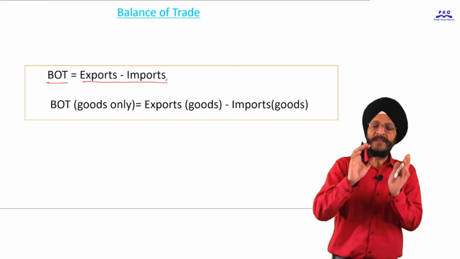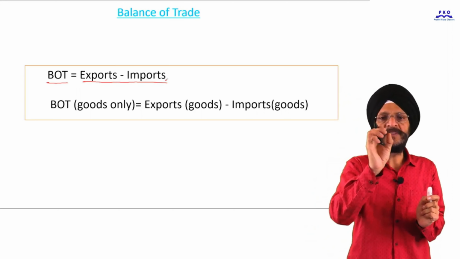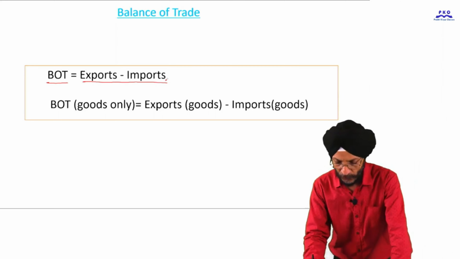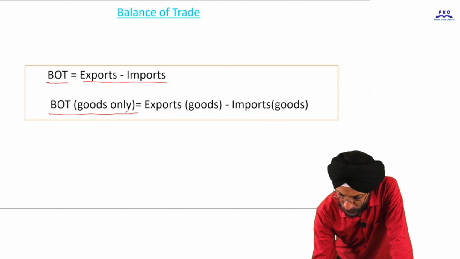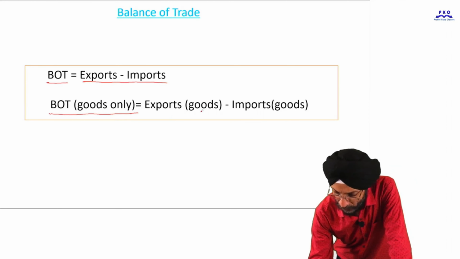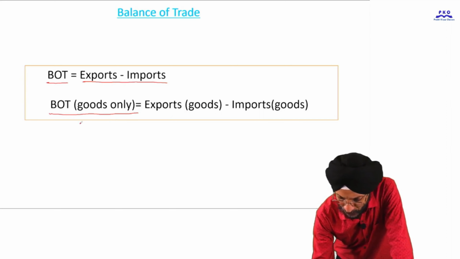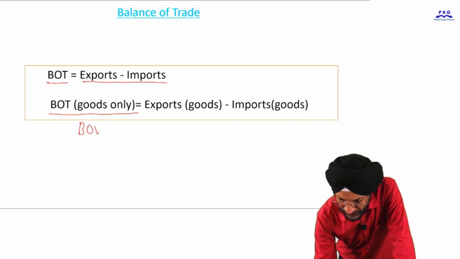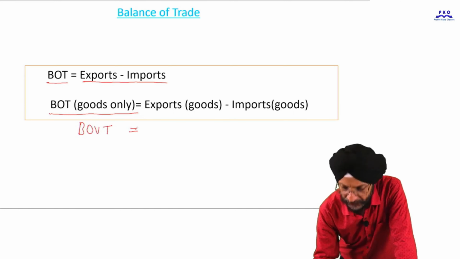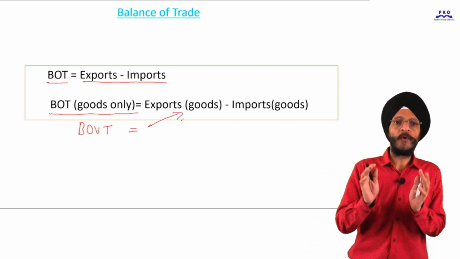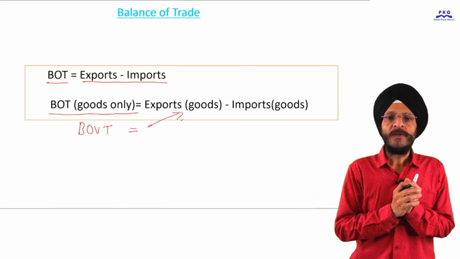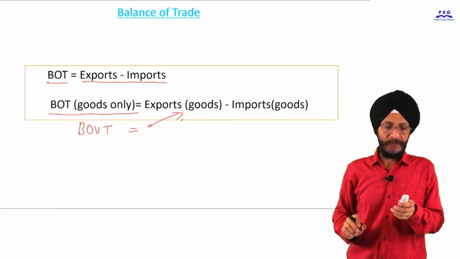If we take into consideration the narrower definition, then it is written balance of trade goods only is equal to export of goods minus import of goods. It can also be written as balance of visible trade. Here we will only take into account the export and import of goods only.